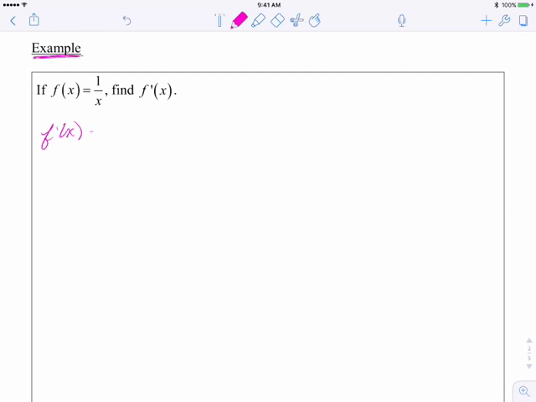So we know from the above definition that f prime of x is equal to the limit as h approaches 0 of f of the quantity x plus h minus f of x all over h. Now, unlike in section 2.7, we will not be filling in a number for x. We're going to leave it as x.